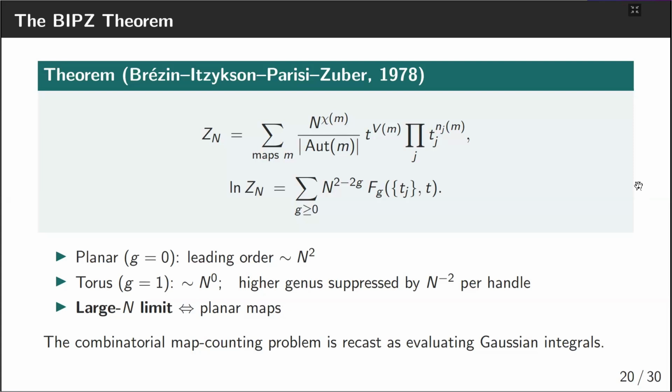Whereas we can take the log of Zn, and then we get a formula with its genera and the faces.